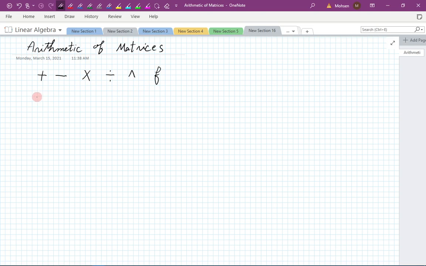So suppose we have a matrix A and another matrix B. Our objective is to learn to make sense of adding the two of them, subtracting the two of them, perhaps combining all of these things with scalar multiplication as well. So by here we have learned a linear combination of matrices.